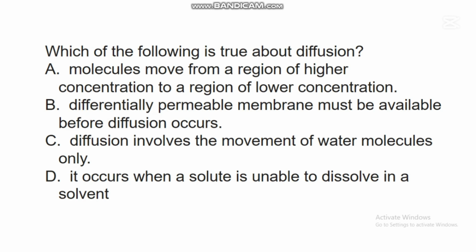C. Diffusion involves the movement of water molecules only. D. It occurs when a solute is unable to dissolve in a solvent. In this question, the correct answer is A. Molecules move from a region of higher concentration to a region of lower concentration.